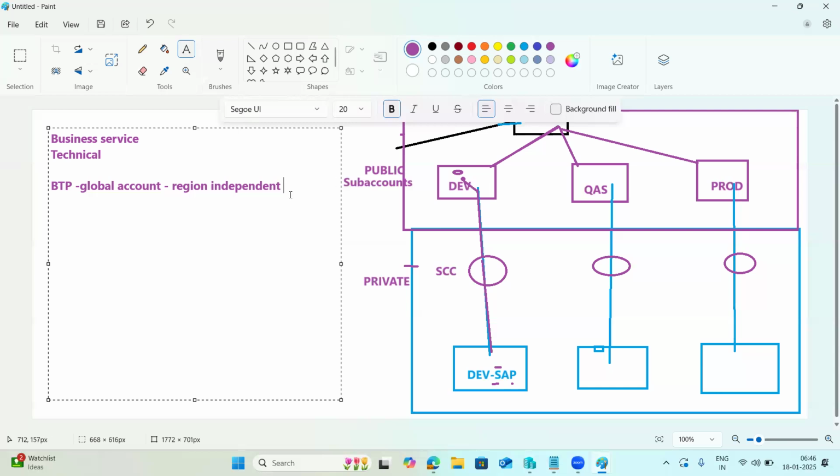That's why BTP global accounts are region independent, which means there is no specific region for the global accounts, but sub accounts are region dependent.